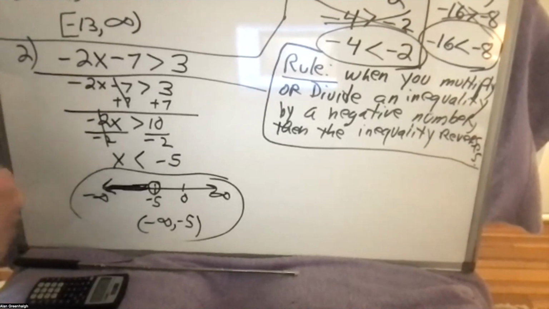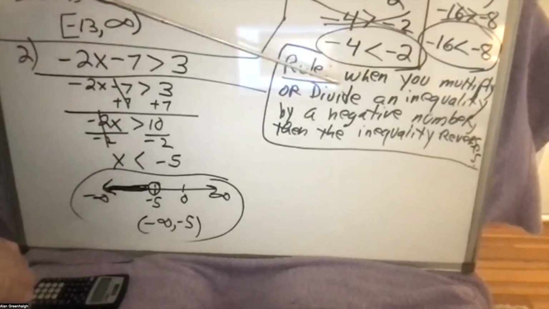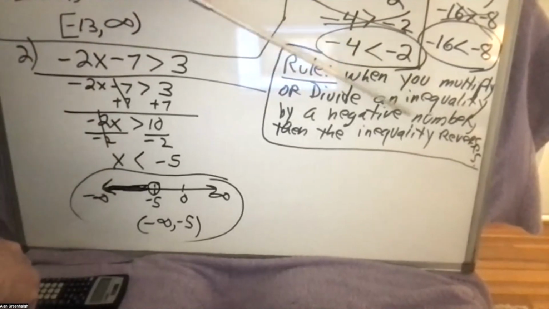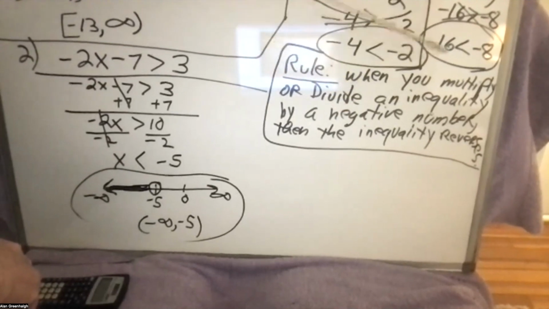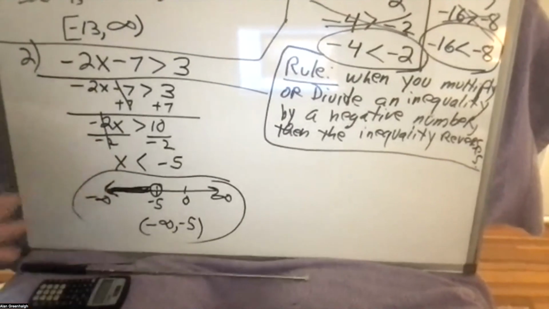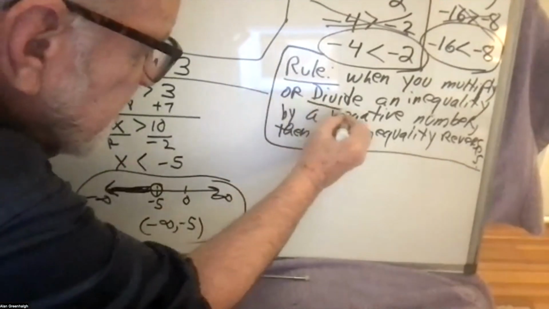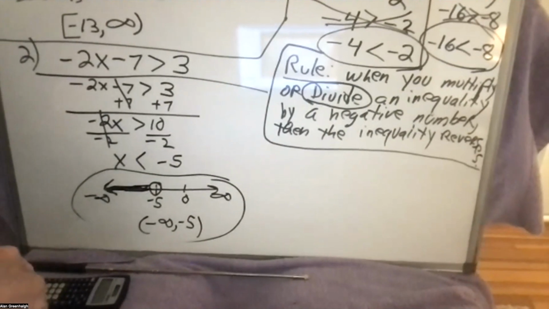But I'm giving you a rule, and the rule has to be comprehensive. If I just said when you divide by a negative number, that's an incomplete rule. So I gave you multiply also. But really, divide is the key word because this is what we do most of the time. Good question. Sorry, I can't give you an answer.